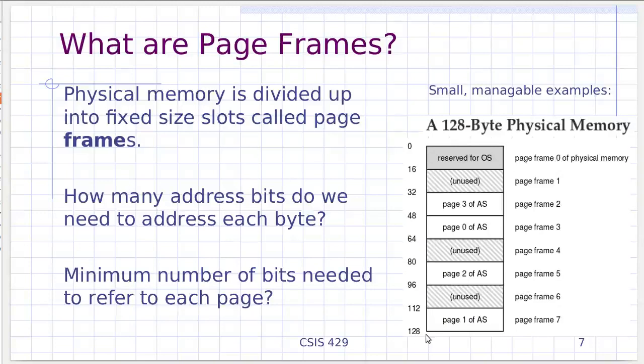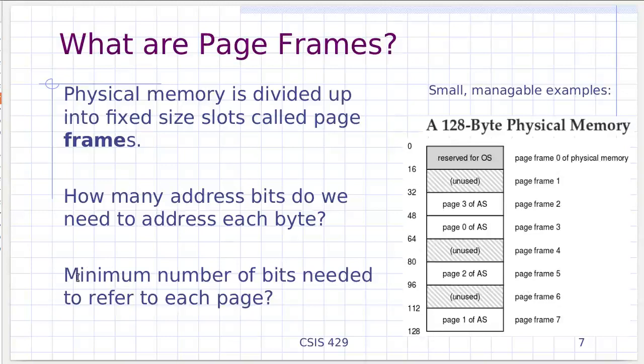There's 128 locations. Let's say each thing that we address is a byte. That'll make it simple. And so it's whatever 2 to the power is that will give us 128. Turns out to be 7. So there's 7 bits that we need to address these 128 bytes.